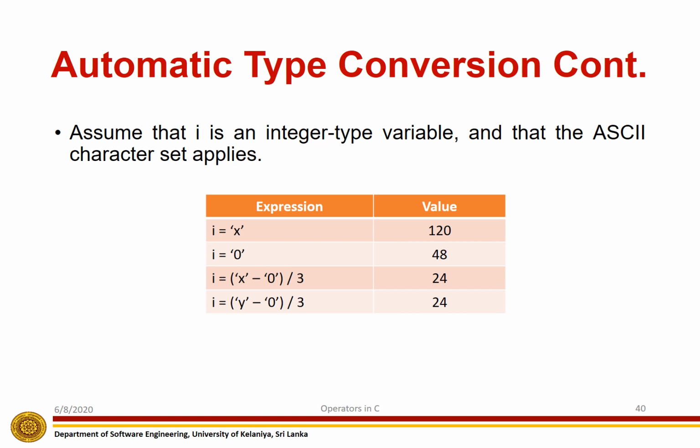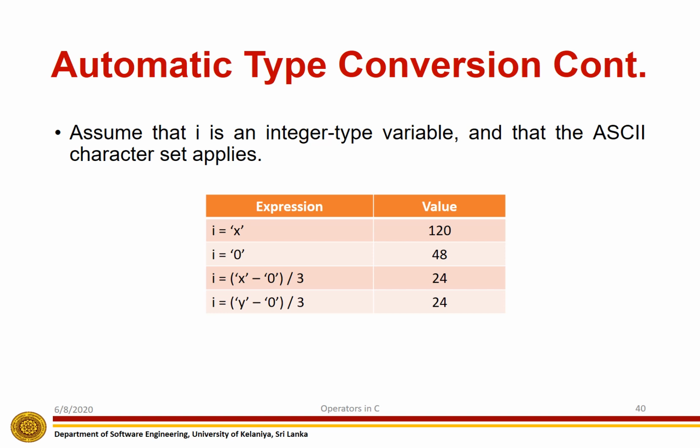Then the last one, 'y' - '0' means 121 minus 48, 73, divided by 3, 24. It can also be assigned to the integer value i. So i = 24. So the value of a character constant assigned to a numeric type identifier will depend upon the particular character set in use.